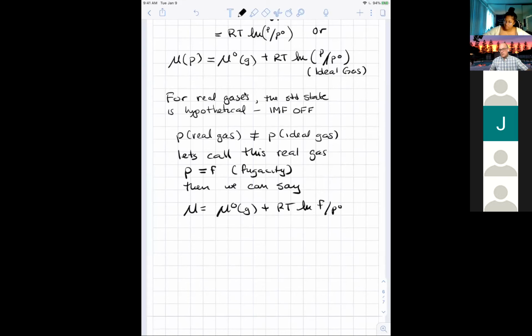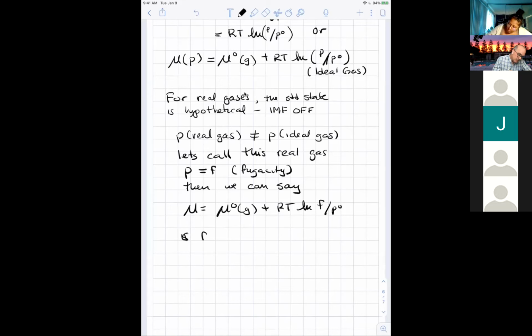Okay, so the reason I'm changing the real gas pressure to some variable is because I want to relate this to the ideal gas pressure, and it's going to be different from the ideal gas pressure by some factor. I don't know exactly what that factor is.